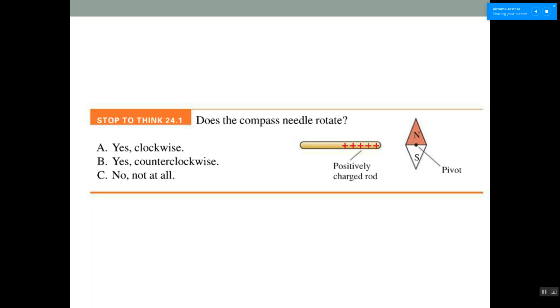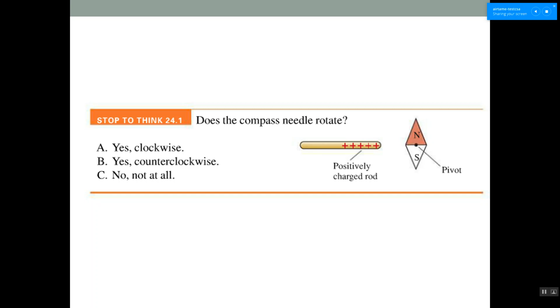Yeah? Why do you say that? Exactly. You have to remember, charges don't feel a force in a magnetic field. It's poles that feel a force in a magnetic field. If the charges were moving, though, then that's a different situation, and we're going to talk about that.